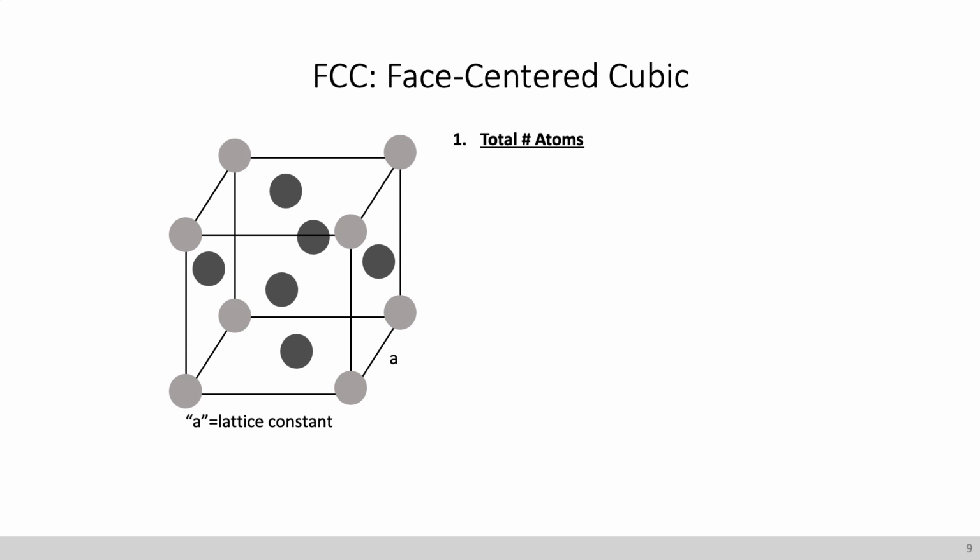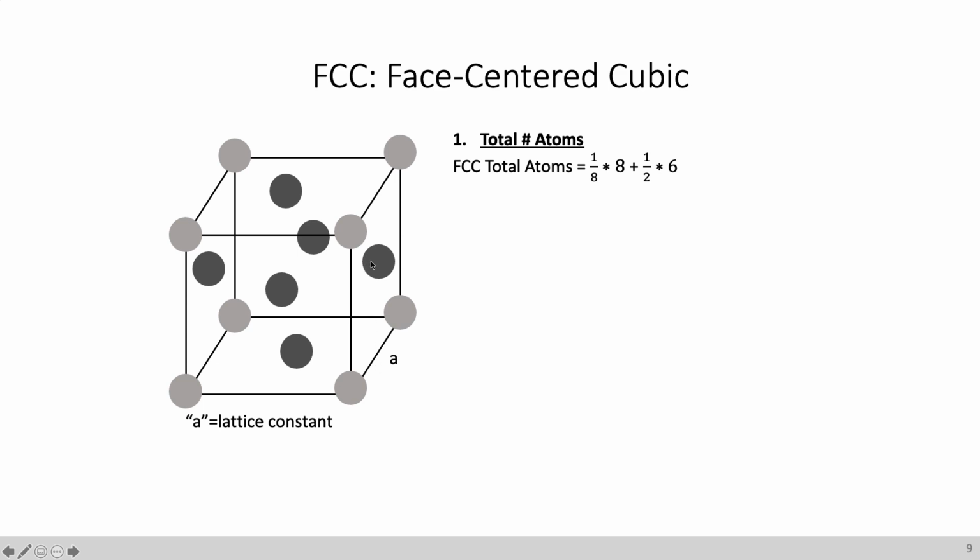To find the total number of atoms, we first find that the FCC structure has, similar to the simple cubic, 1/8 times 8, where each corner of the cube is intersecting 1/8 of the sphere. And then we add on 1/2 times 6, because at each face of the cube, there's an atom, and it's sliced in half.